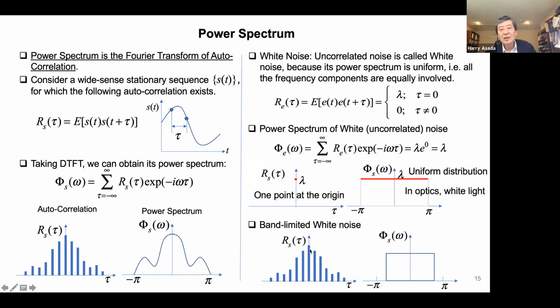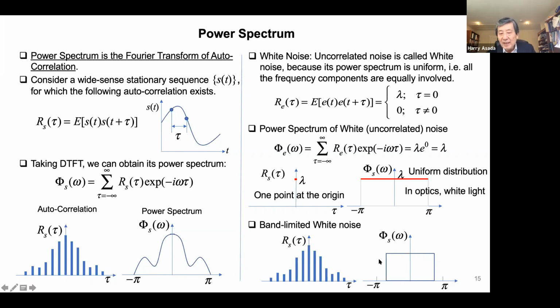If it's a little bit colored, like the example I showed just now, we also have some kind of additional component here. If that's the case, it's not a complete one. It's a band limited white noise.